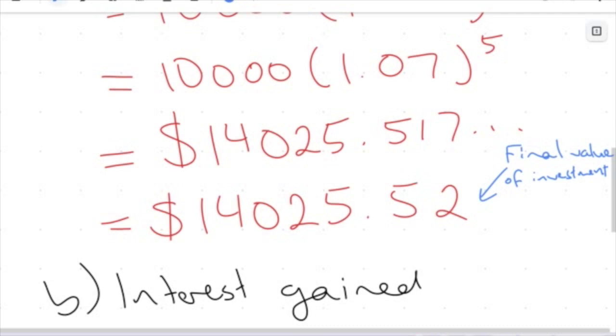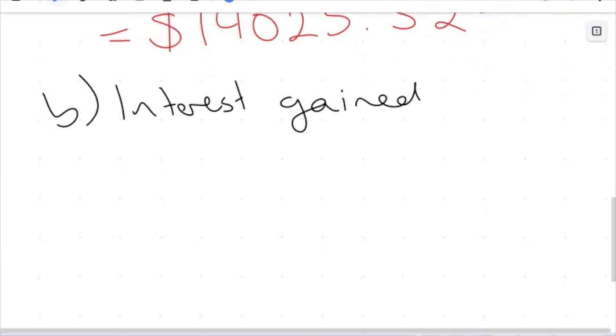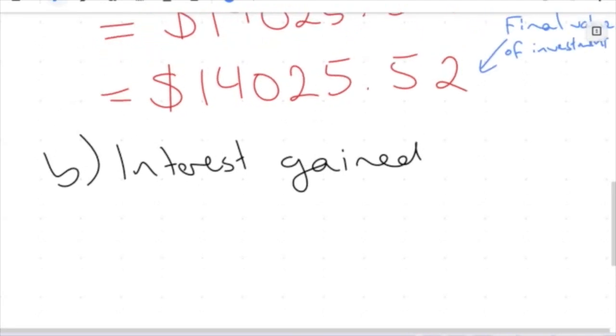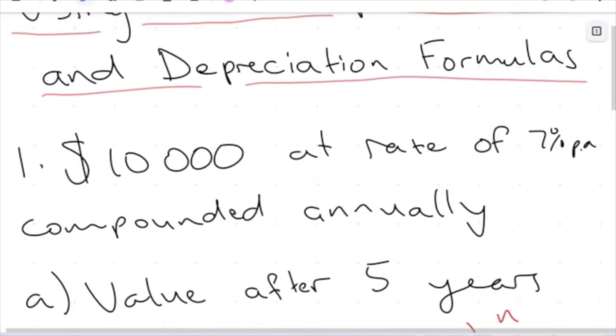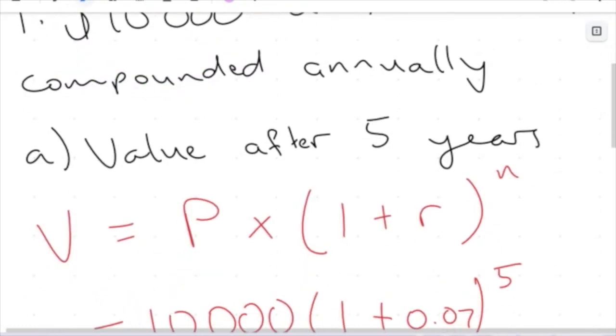Okay, so where does the interest gained fit into all of this? Well, the interest, the money we got back from the bank on our investment, is just going to be the difference between the value of our investment we ended up with and the original amount of money we deposited.